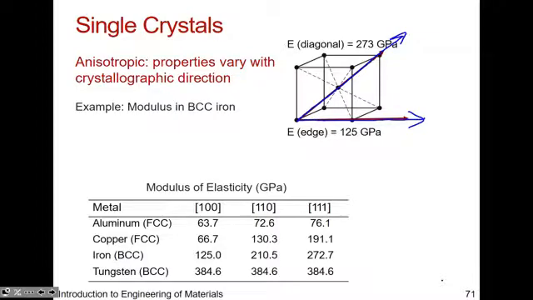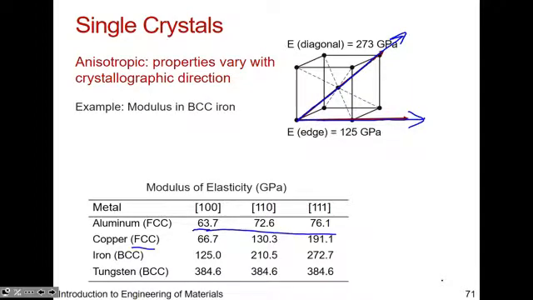Because right now, all I said was BCC, there's an atom in the center and some atoms on the corner, and that's it, right? But what if you want to isolate those directions and talk about the material in a particular way? You can see here that the aluminum FCC has different elastic modulus in different directions.